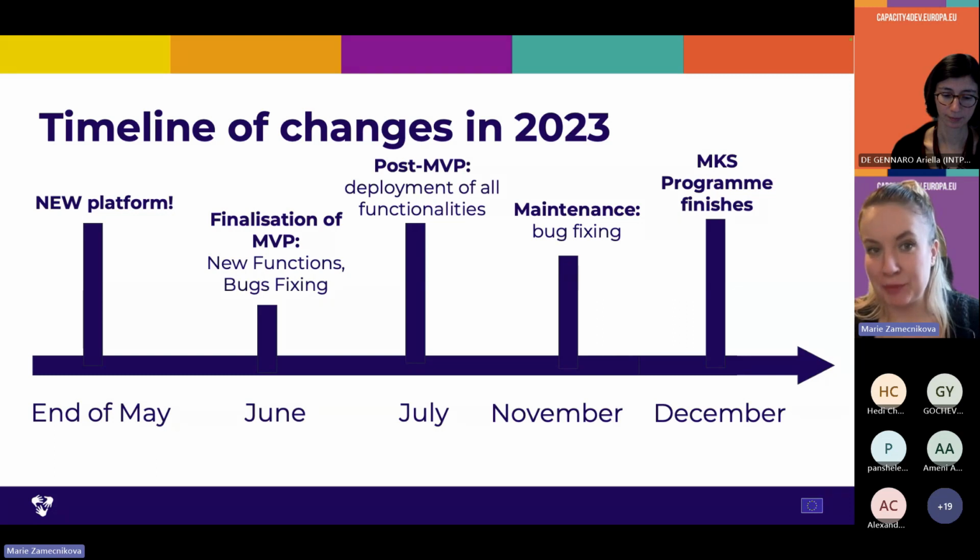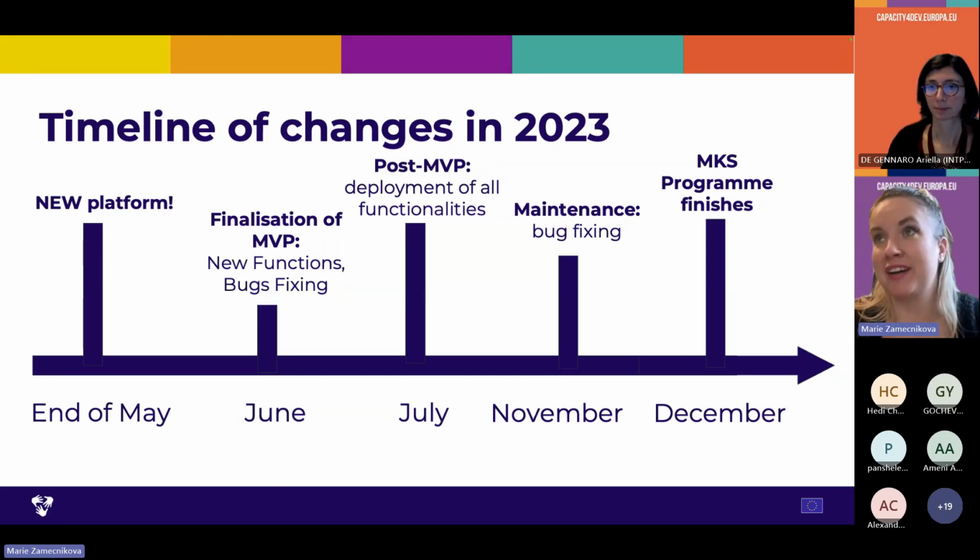Also, a very important update is that the MKS program is finishing, which means that the current contract the Commission has with MKS is ending after more than 4 years, and the contract is transferring to a new company.